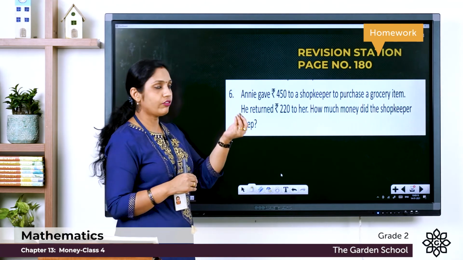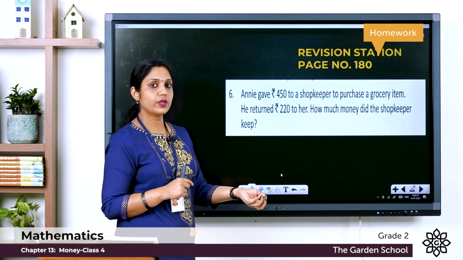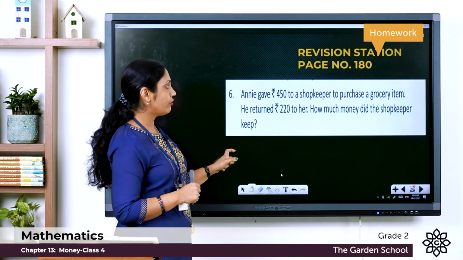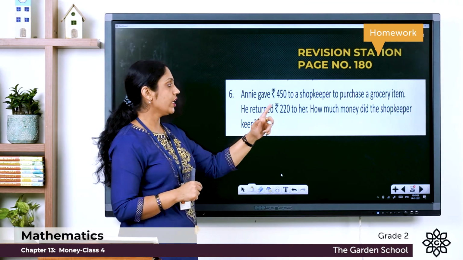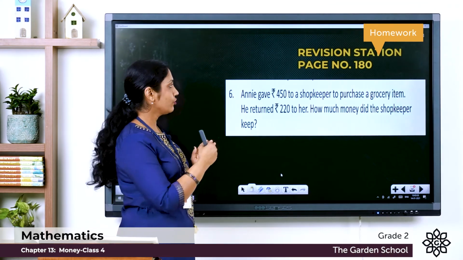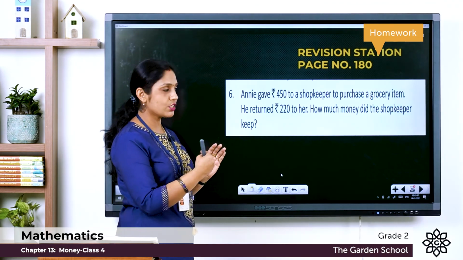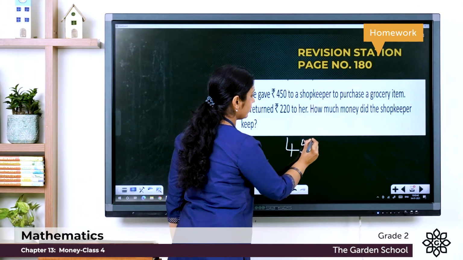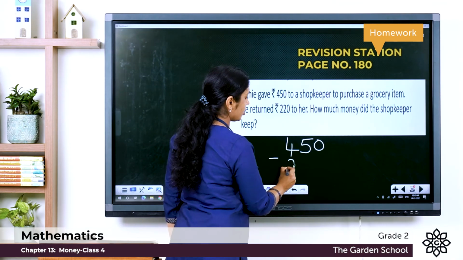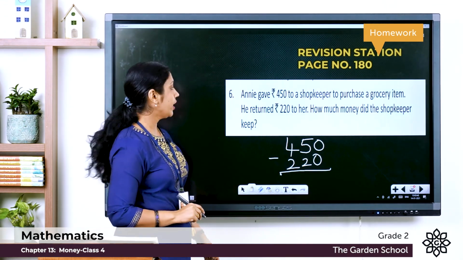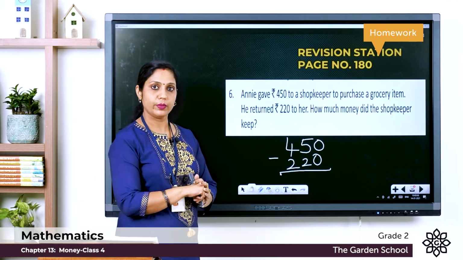We have to find out how much money did the shopkeeper keep. So here we have to subtract 450 minus 220. So this you can find out and find how much money did the shopkeeper keep.